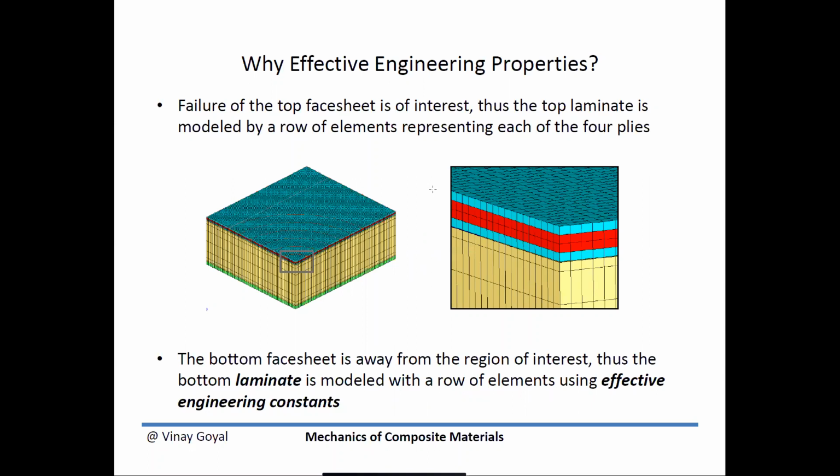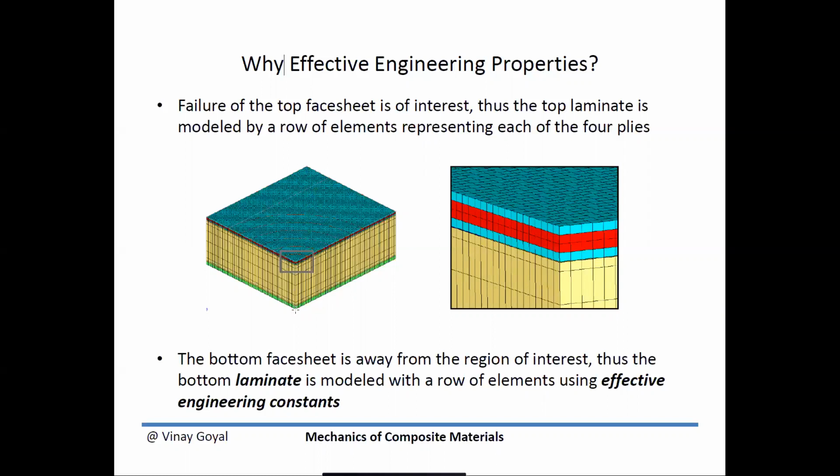Why is this a good idea? What motivates the idea of finding effective engineering material properties? Say, for example, we have a situation where the top face sheet is of interest, but we're not as interested in the bottom lamina.